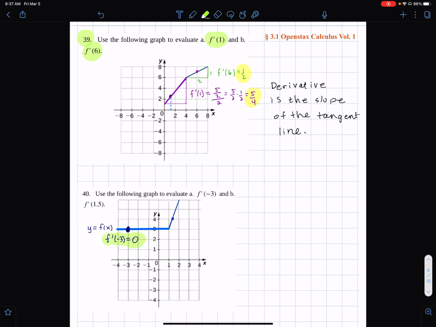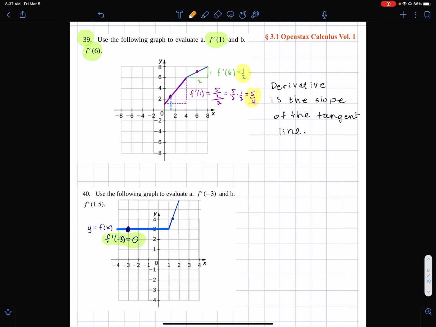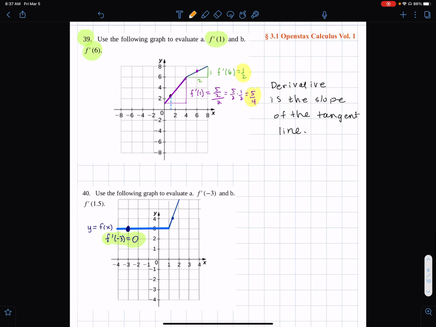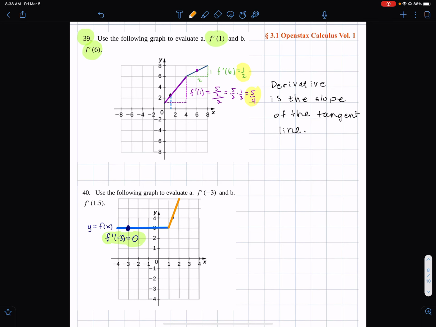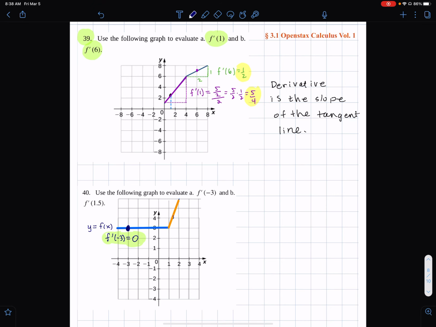And then the next one is f prime of 1.5. I'll color code that also. At 1.5, I have this line here when x is 1.5. I'm coloring it in orange so I can see that a little easier. Maybe it doesn't even work. Is that easier to see?